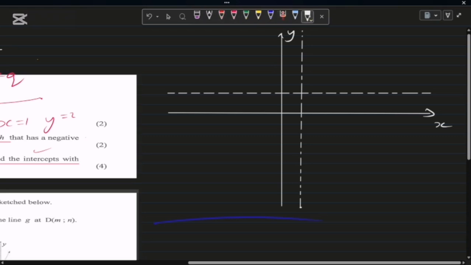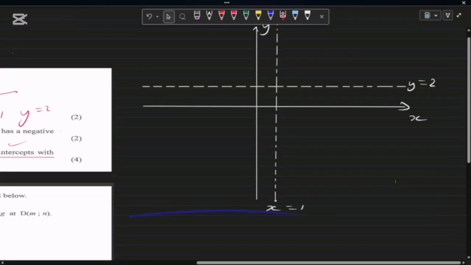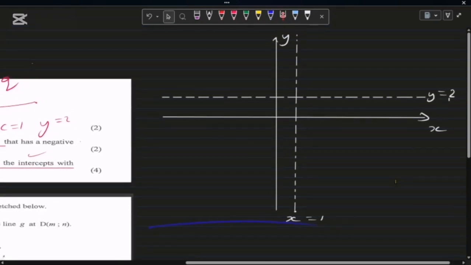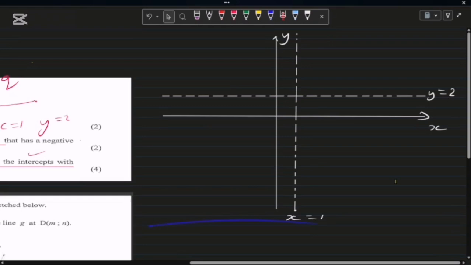So this is x is equal to 1, and then this one is y is equal to 2, the two asymptotes that they wanted us to show. We've done that, and now let's look for the intercepts.